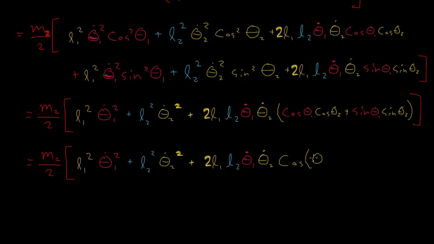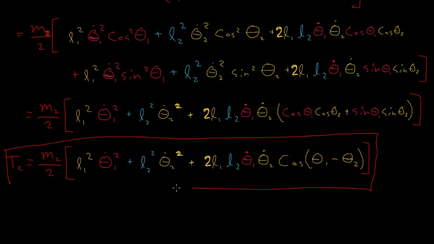It's theta 1 minus theta 2. So it's just a much smaller way of writing this. And we can close our bracket here. So this here is our T2. I'll put this in a box. Here it is.